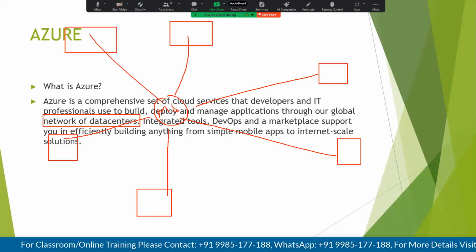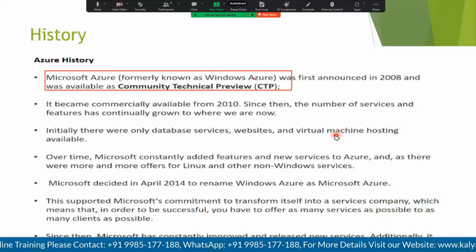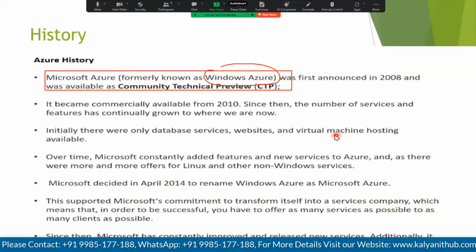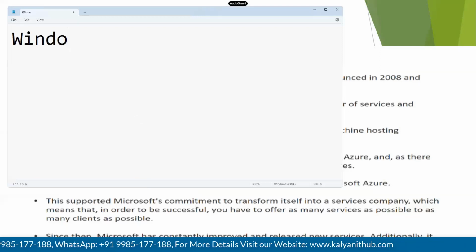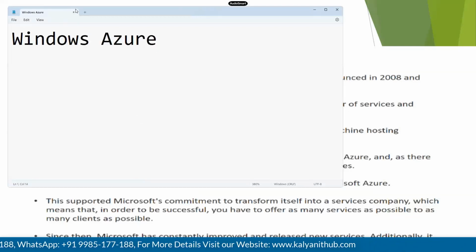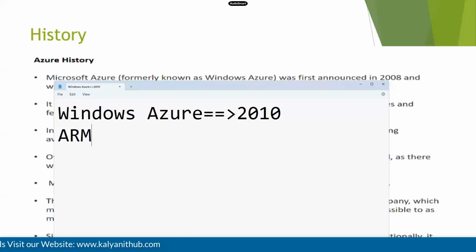Next. Microsoft Azure was formerly called Windows Azure. Initially, Microsoft launched Azure cloud computing as Windows Azure, which came into the market in 2010. Later, they introduced a new deployment model called ARM.